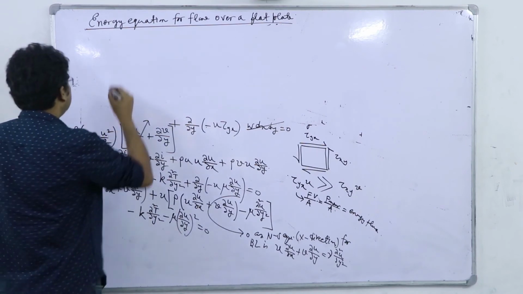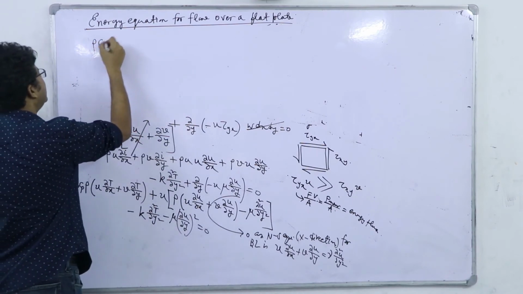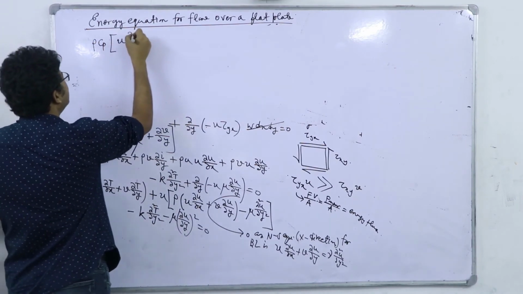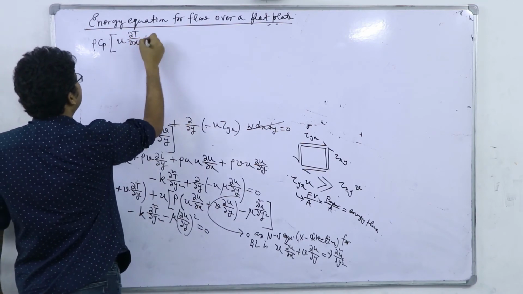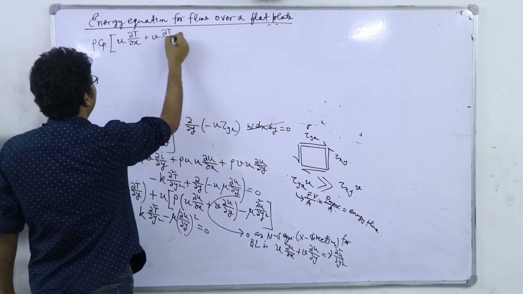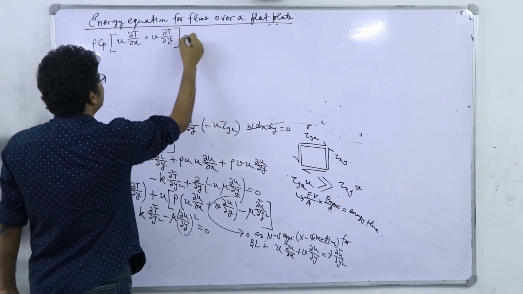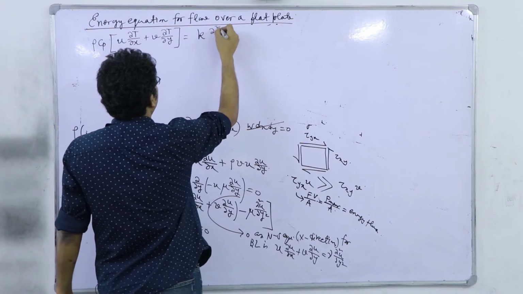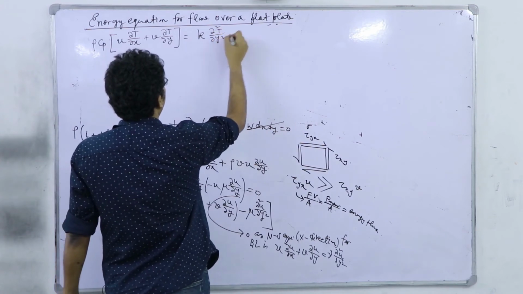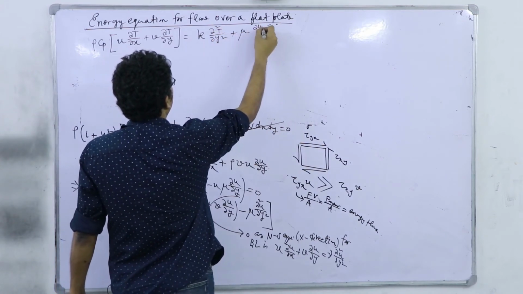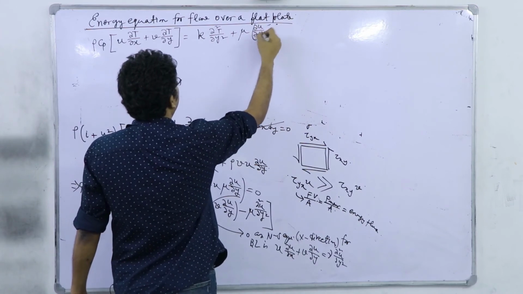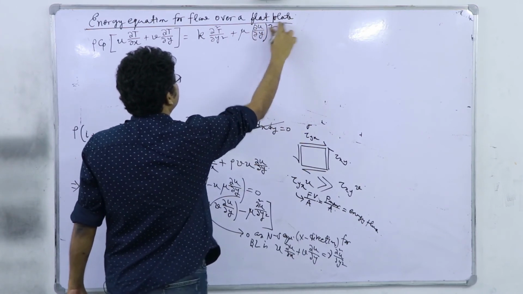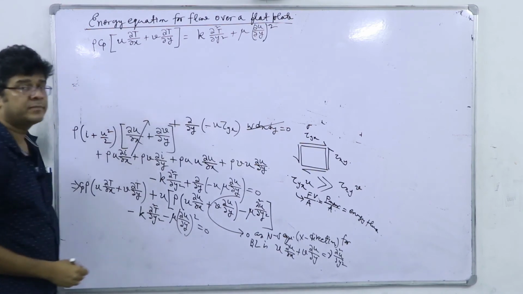The form is rho Cp, u del t del x plus v del t del y, is equal to k into del square t del y square plus mu del u del y whole square, right.